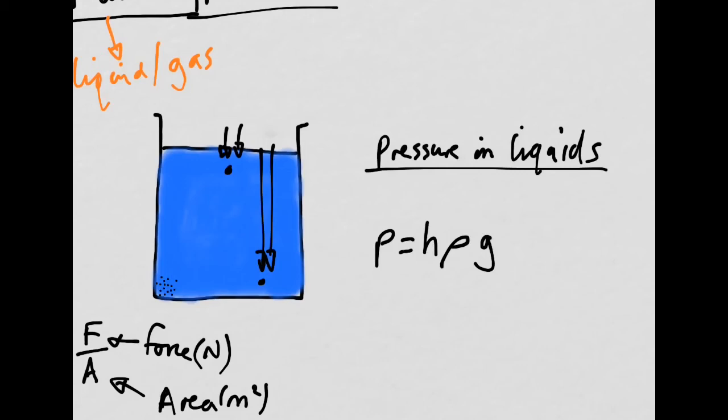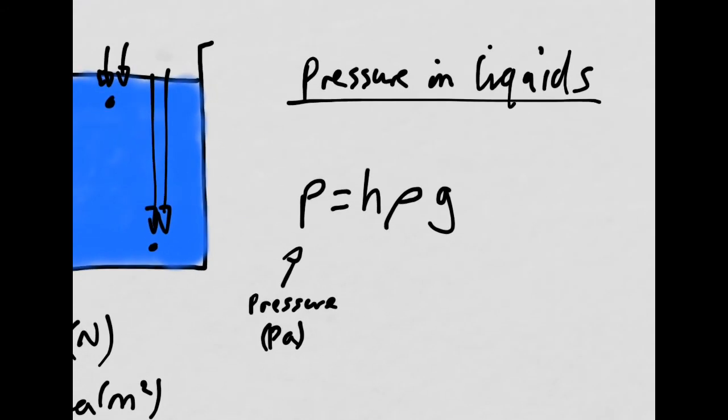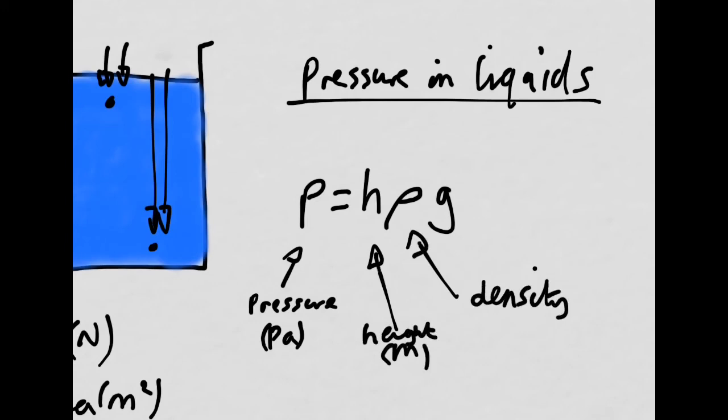So let's just summarize what these are. P, pressure, in pascals or newtons per square meter. Height in meters. Rho, which is density. If you've got more particles per cubic meter, then there's going to be more particles hitting you, which is going to cause more pressure.